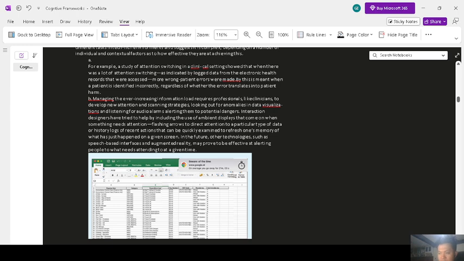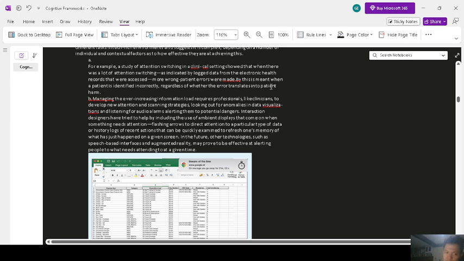Was it distinguishable? Was it related to the context of the task they are trying to accomplish, or to the clear goal? For example, a study of attention and switching in a clinical setting showed that when there was a lot of attention switching, as indicated by log data from the electronic health records that were accessed, more wrong-patient errors were made.